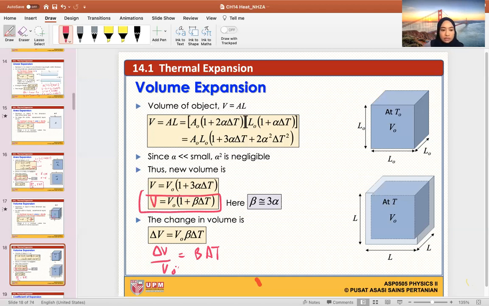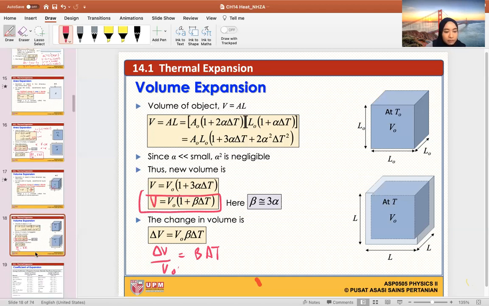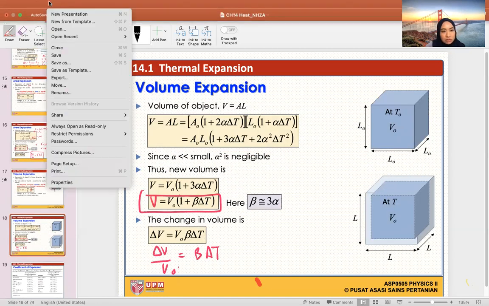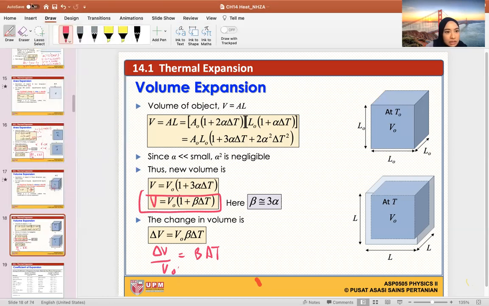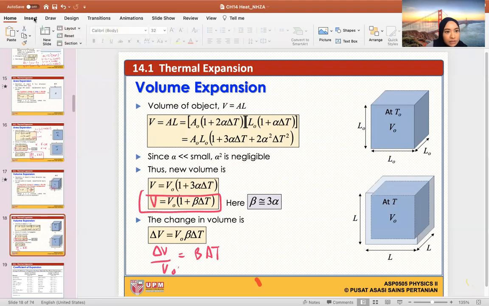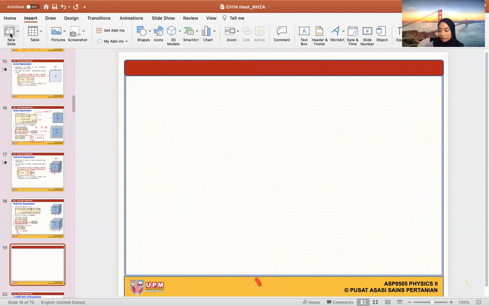Now let's do a little recap on what we have learned so far about heat. We have learned about thermal expansion and thermal equilibrium. What is thermal equilibrium? It is when you have the same temperature, right?